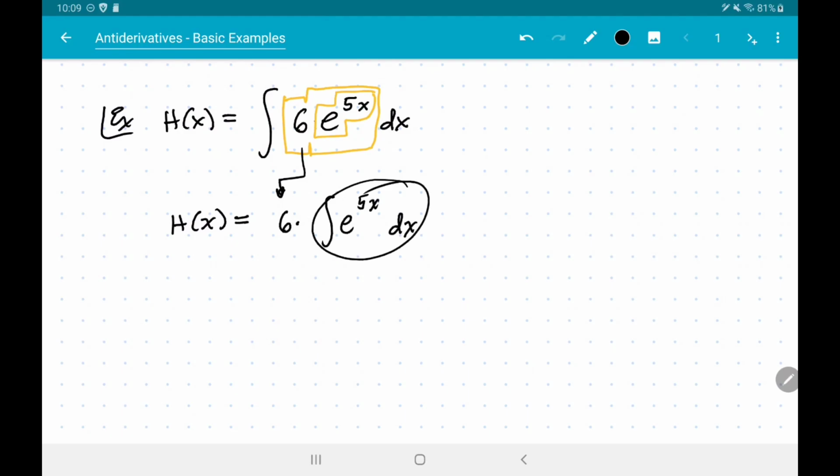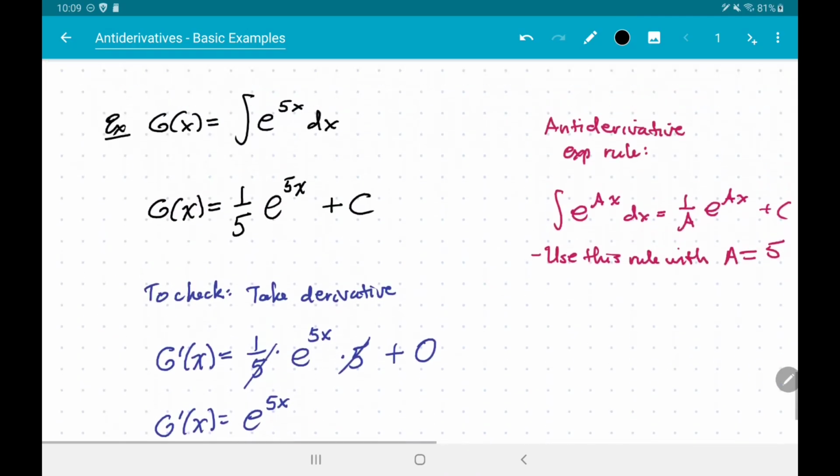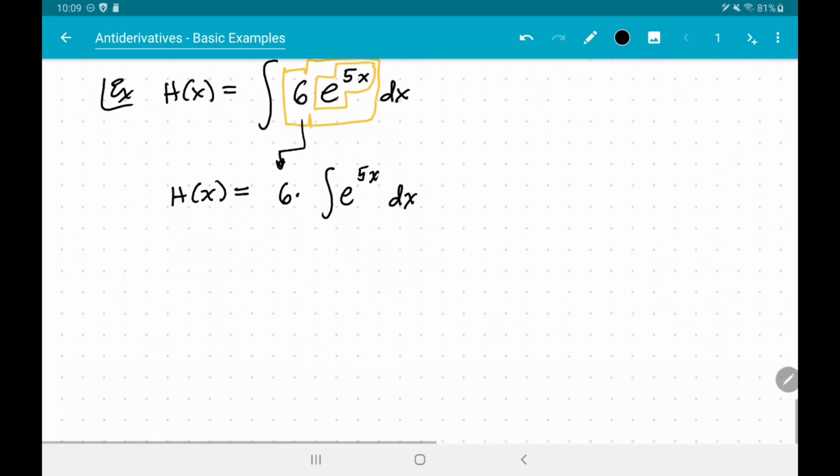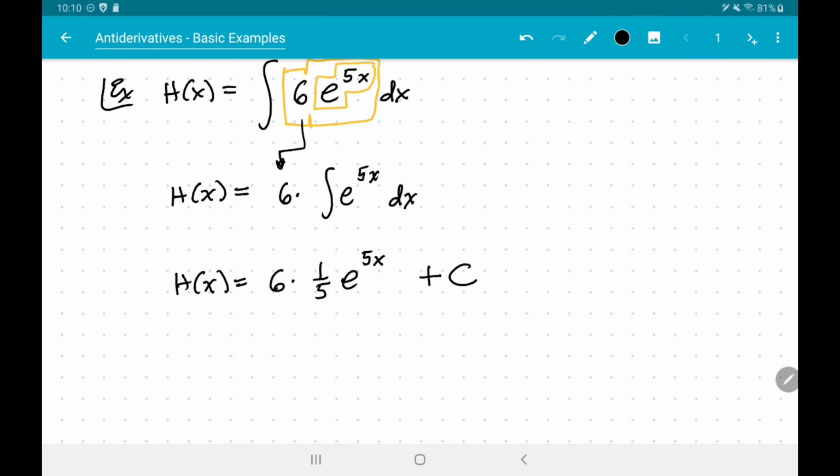Now this should be familiar. As a matter of fact, we did this in the previous example. So 6 times 1/5 e to the 5x. Now that we're finished with all of the antiderivative stuff, finally I'll add the plus c.